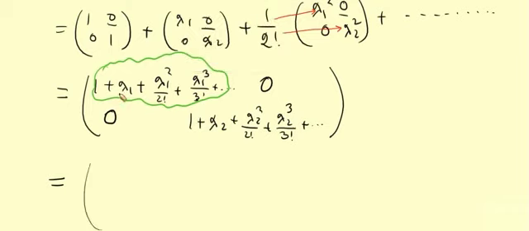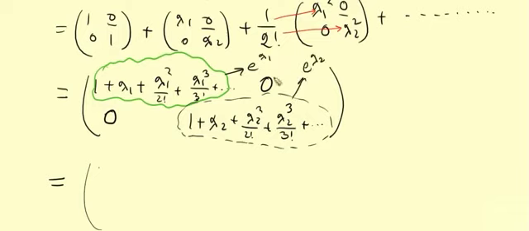So now what we have here is 1 plus lambda 1, lambda 1 square, lambda 1 cube, and similarly for lambda 2 we have this guy over here, and this one will correspond to e to the power lambda 1, and this will correspond to e to the power lambda 2.